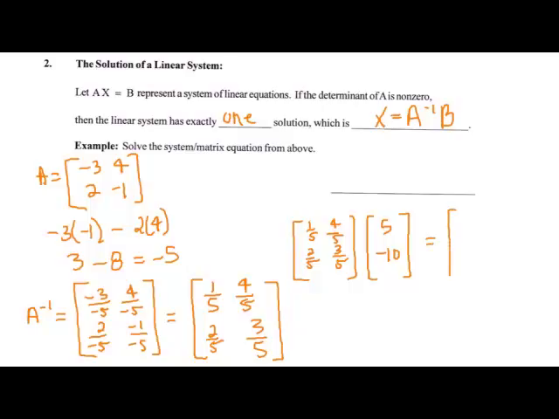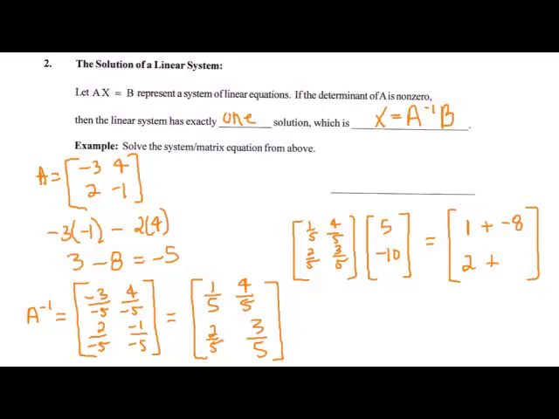So this is going to be equal to 1/5 times 5 is 1. 4/5 times -10 will be -40 over 5, or -40 divided by 5, which is -8. Then we have our bottom row times our column. So 2/5 times 5, which would be 10 over 5, which is 2.